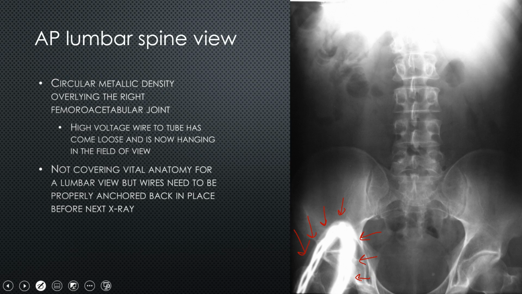This was a high voltage wire to the tube that came loose and ended up hanging in the field of view. So it's not covering vital anatomy. However, there's a loose wire. So obviously this needs to be put back in place and away from anybody potentially touching it and causing any harm.